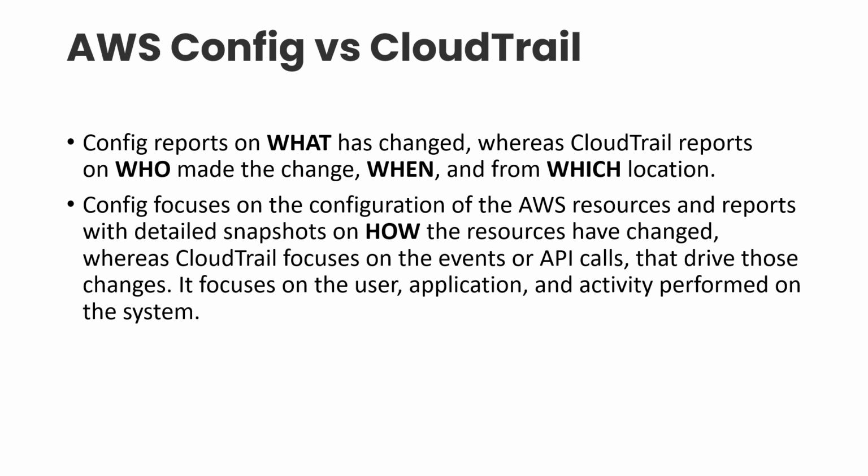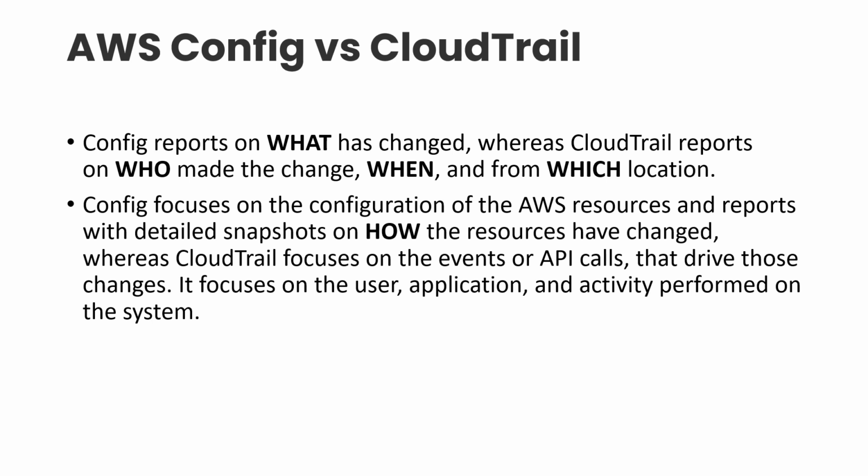AWS Config versus CloudTrail. AWS Config reports on what has changed. So as I specified, you can record your resources at any point of time. Then if any resource has been changed, you can get that in a report. CloudTrail reports on who made the changes, when, and from which location.